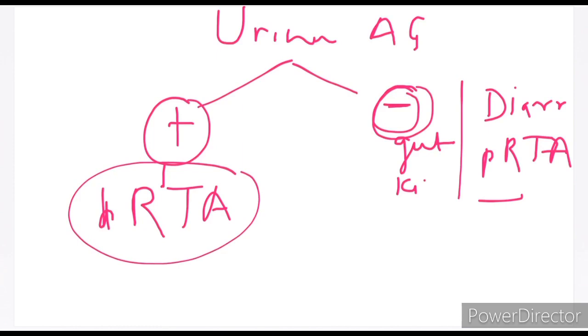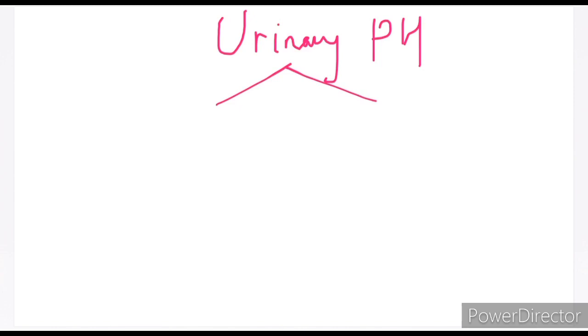Furthermore, we can differentiate distal RTA from proximal RTA by knowing the urinary pH, whether it is less than 5.5 or more than 5.5.